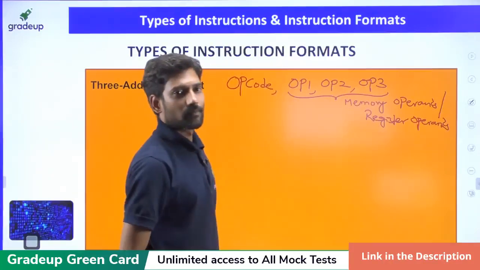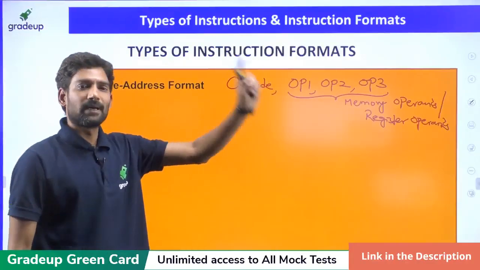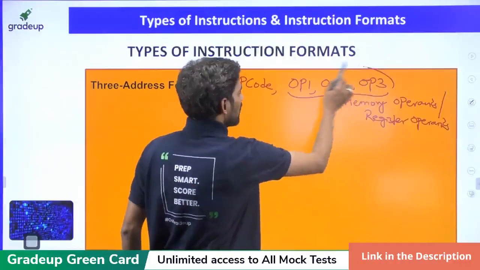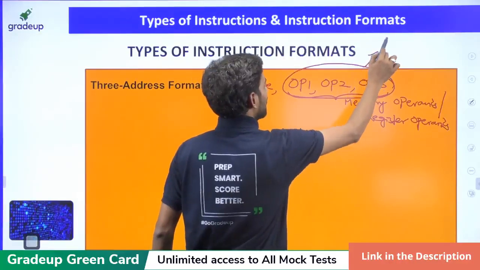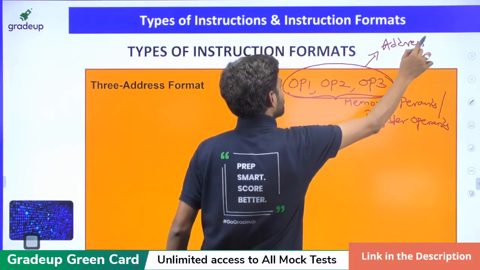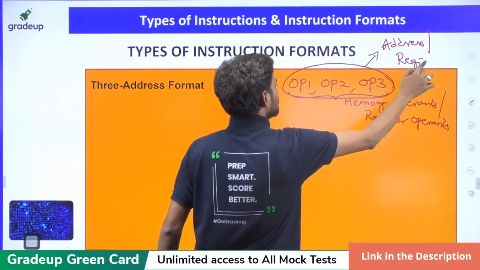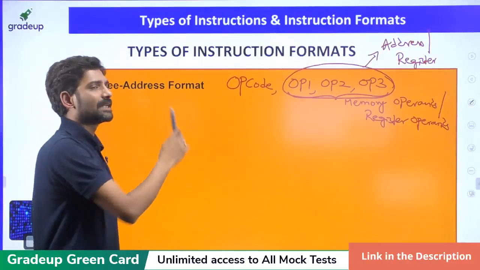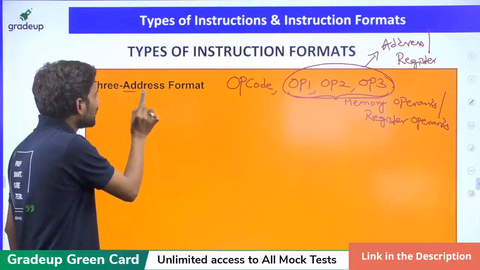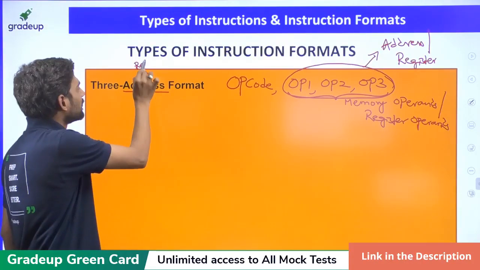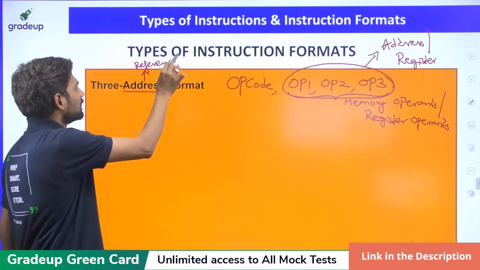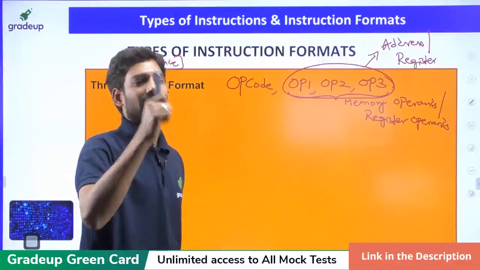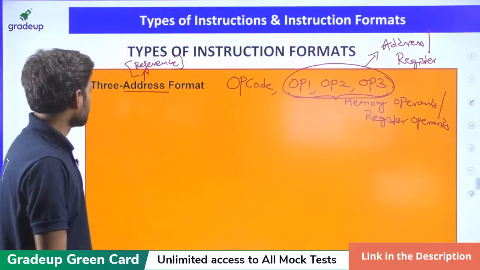They can be either memory operands or register operands. That means in these operand fields you may write either an address or the name of the register. Then that is called 3 address format. Here address does not mean memory address, guys. Here the address means reference. Okay?